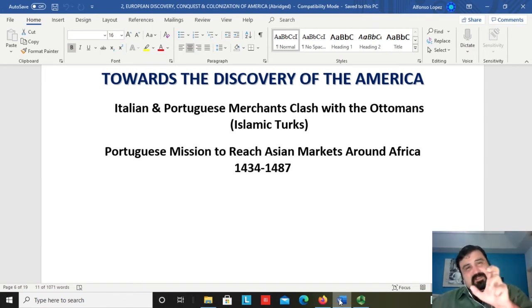So it's not only an economic tension, an economic competition, but also religious. So trade becomes interrupted. The Italian and Portuguese merchants find it more and more difficult to obtain the spices from India.